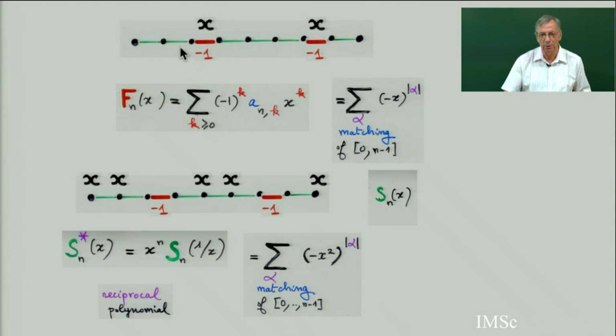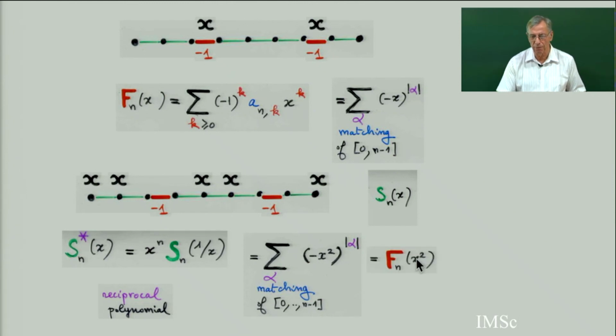So taking the reciprocal of this polynomial, which is the sum of all the weights of all this, means you are going to put an x everywhere here, and keep the minus 1. So going from this interpretation to this one means taking the reciprocal.